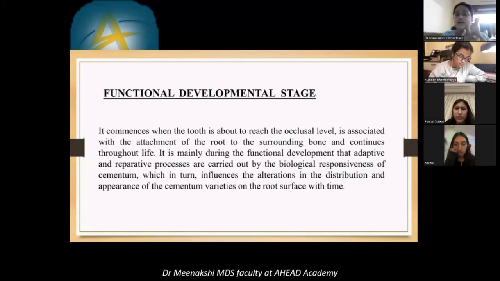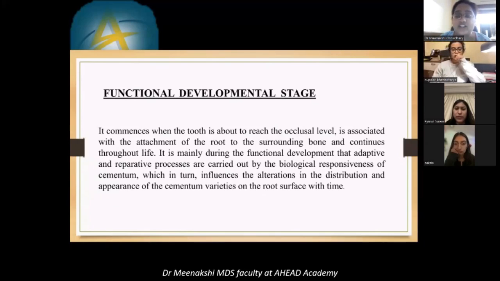It's in function. The periodontal ligament apparatus leads to continuous cementum deposition and resorption throughout life, depending upon what forces are applied on the distal, mesial, anterior or posterior surface of the root of the tooth, where cementum and cementocytes are present.